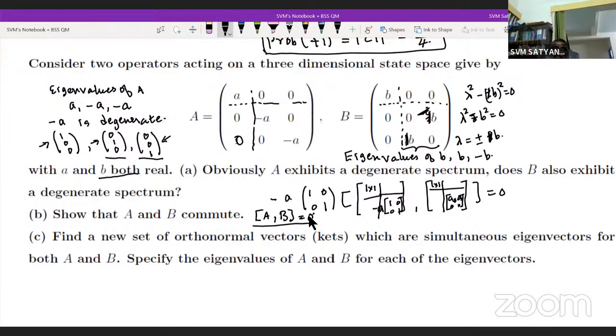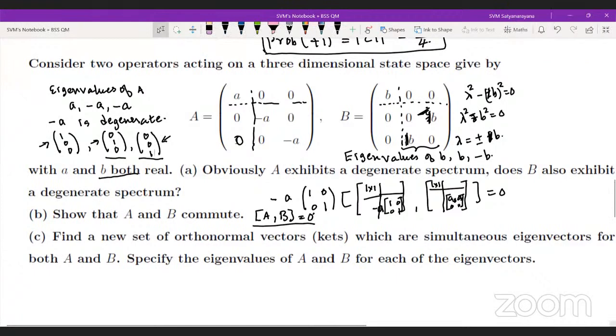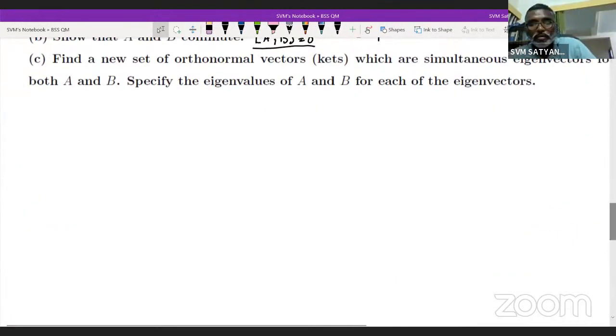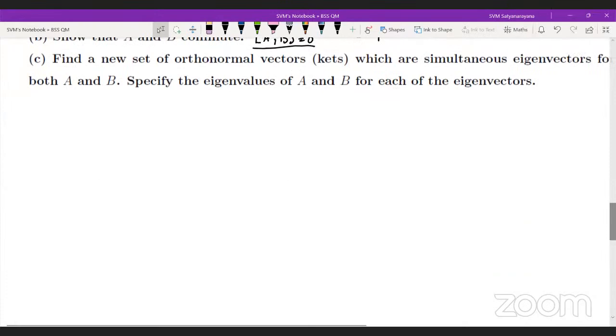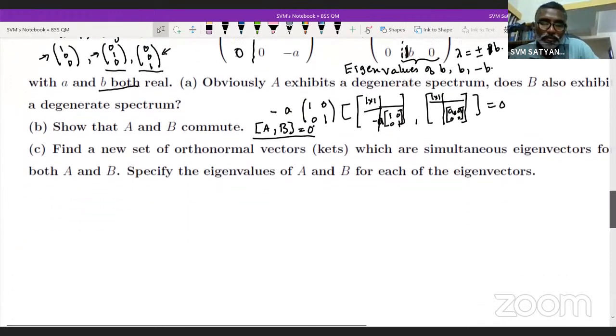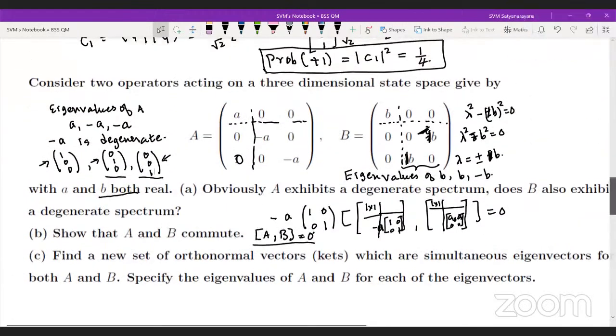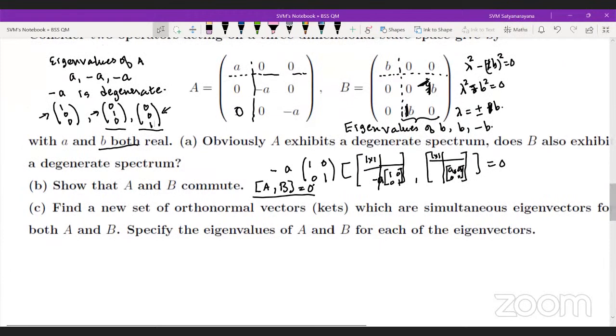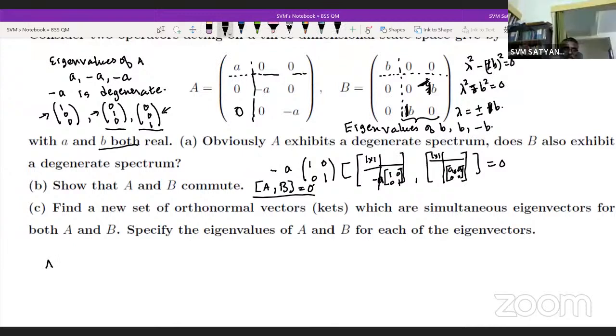Is 1 0 0 an eigenvector of B? Yes. What is the eigenvalue? B. Is 0 1 0 an eigenvector? Okay, let us look at it like this. A on 1 0 0 is A times 1 0 0.